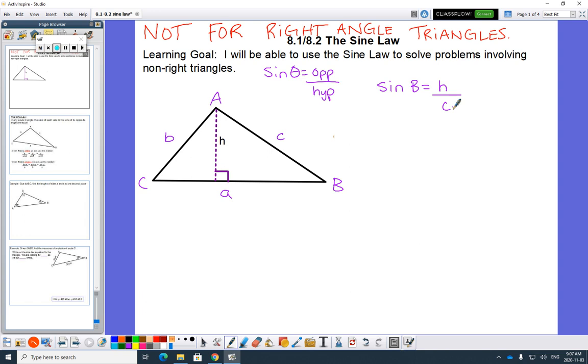And then the other vertex at the bottom is C, which also has opposite side H. But now its hypotenuse is b. A is trickier because it's split apart, so we're not going to look at that right now.